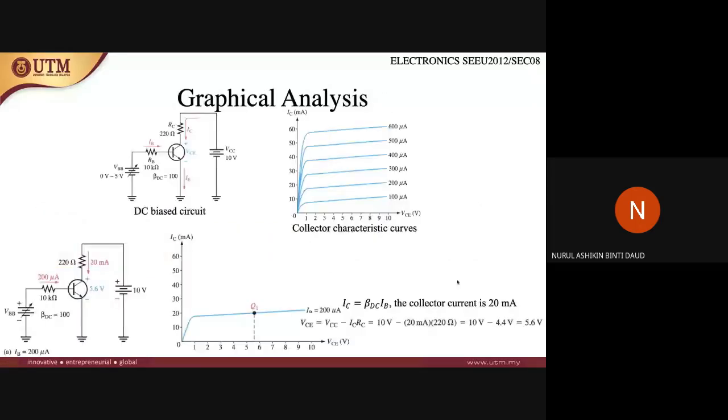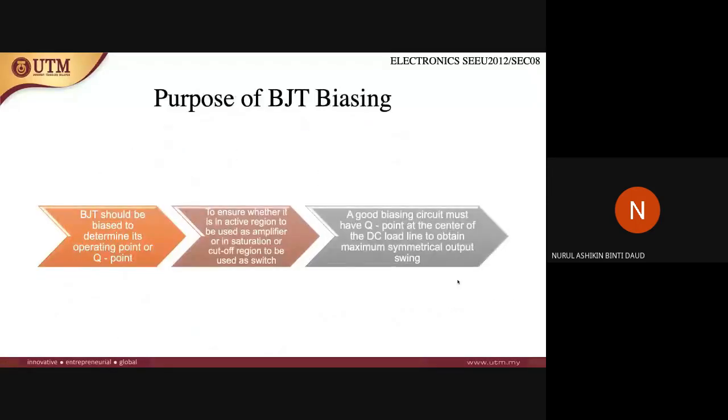Oh, sorry. Okay, now, what is the purpose of BJT biasing? There are 3 purposes here. BJT should be biased for you to determine its operating point, or Q point. What is the Q point? Q point is the operating point for the transistor.